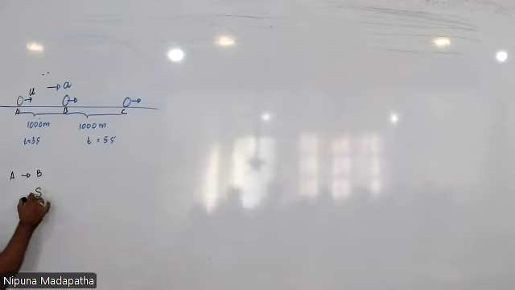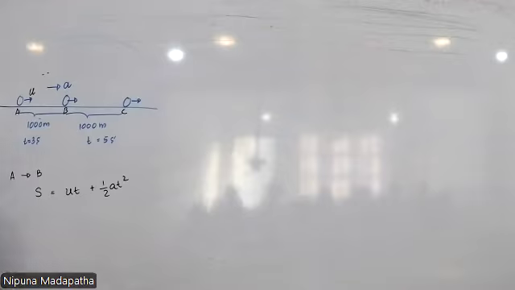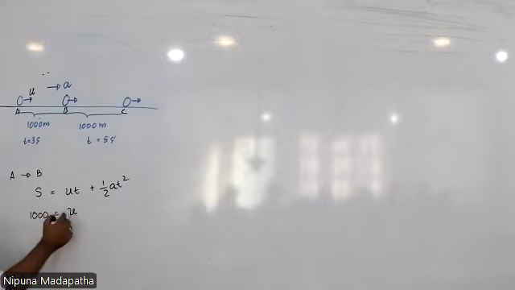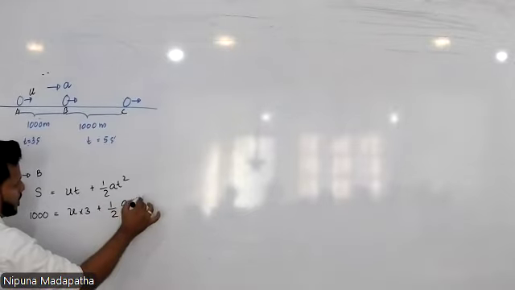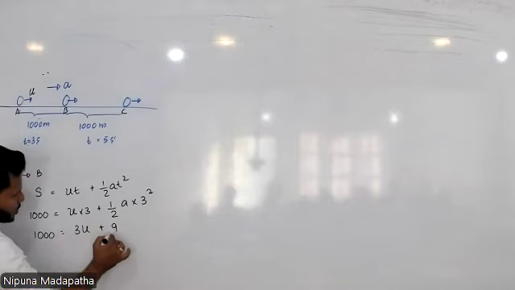S equals ut plus half at square is applicable here. Displacement is 1000. Initial velocity simple u. Time is, we consider the motion from A to B, so which is 3 seconds, and acceleration is simple A. So 1000 equals 3u, 3 square is 9, 9 over 2 a.